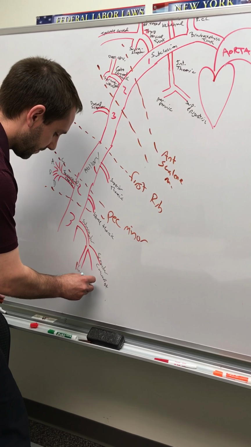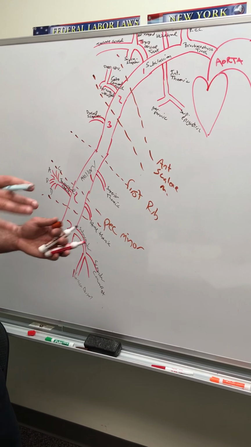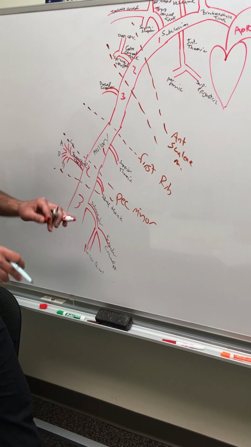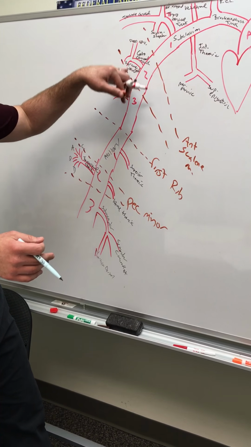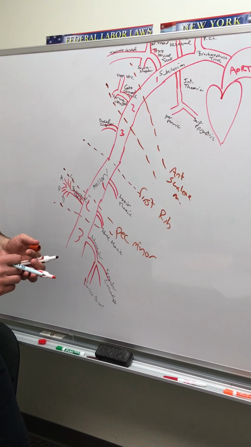Thoracodorsal artery is going to be found deep to the latissimus dorsi muscle, traveling with the thoracodorsal nerve, which innervates the latissimus dorsi muscle. So the subscapular artery is only an artery for a short period of time, not to be confused with the suprascapular artery. Totally different arteries.